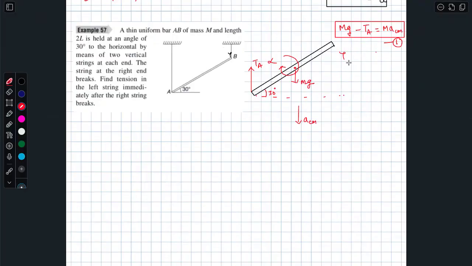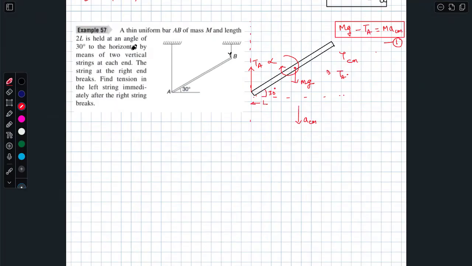Next, torque equation. Which point do you need to apply torque about now? Center of mass. Okay. So torque about the center of mass implies mg... this is a line of action. Oh, no, sorry. You're applying about the torque. Tension T_A into, this is the line of action of the force. From the center, what is the perpendicular distance?